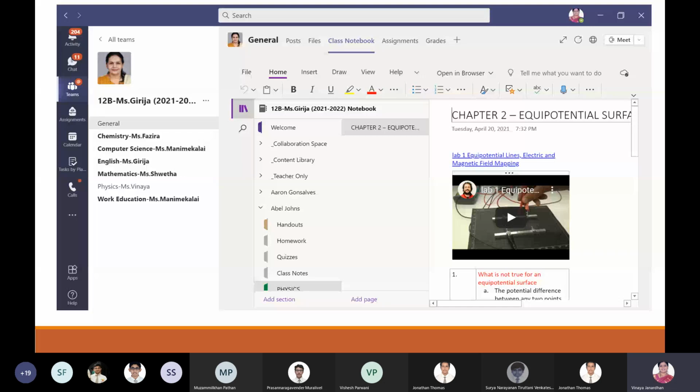There, under your name, click your name under physics file. Right, boys? Under physics file, click. I have put a video clipping for everyone. You can see that video clipping where you will understand how you trace an equipotential surface.